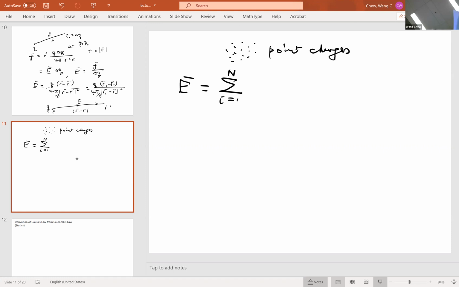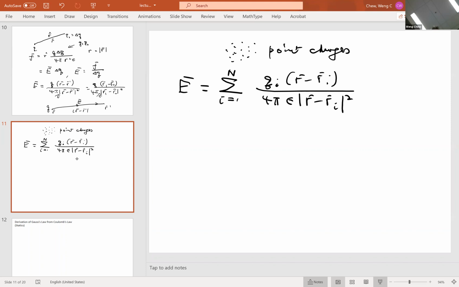This is called the principle of linear superposition, which is used a lot by electrical engineers. It only works for linear systems, and electrical engineers love linear systems. So if you use the principle of linear superposition, you will have the electric field due to these point charges as being due to that.